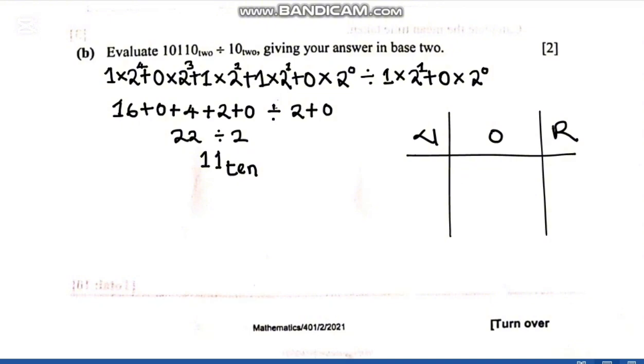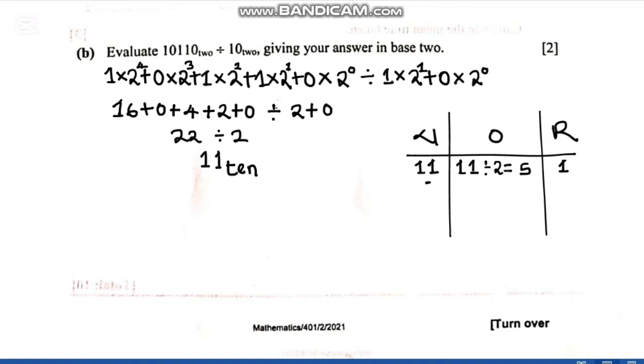Starting with 11, we write 11 under the column n, and the operation will be 11 divided by the base, so divide by 2. 11 divided by 2 gives 5, and the remainder is 1.